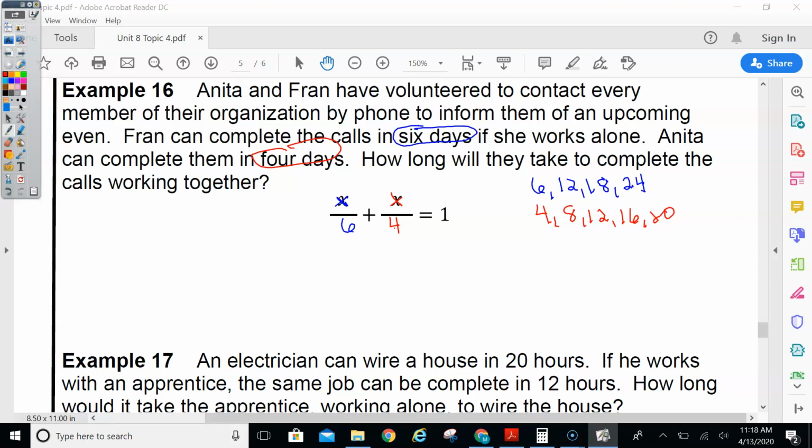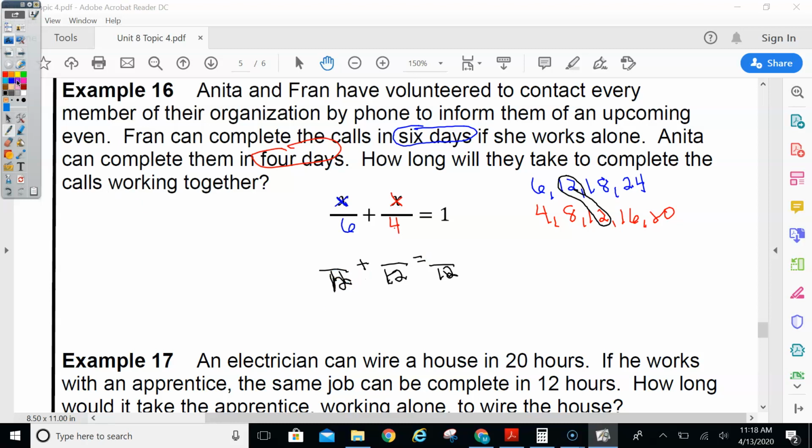So right there I see that the least common multiple between them is going to be 12. So I want to make all the denominators 12. Add them and make them equal.